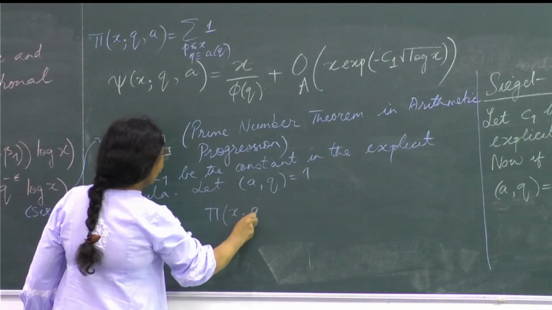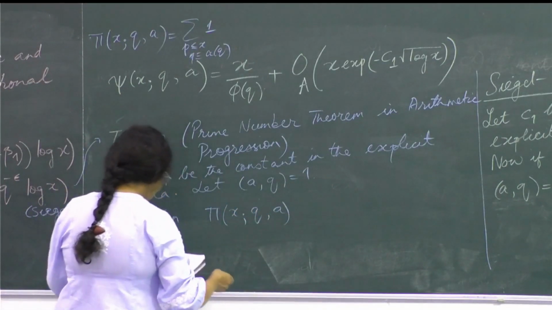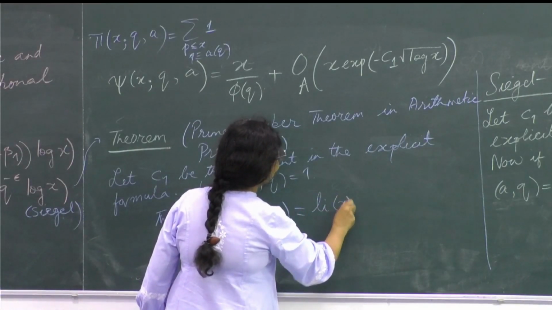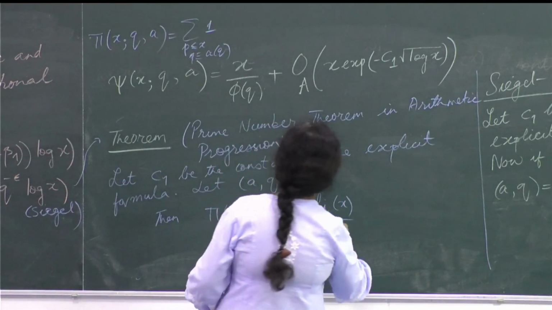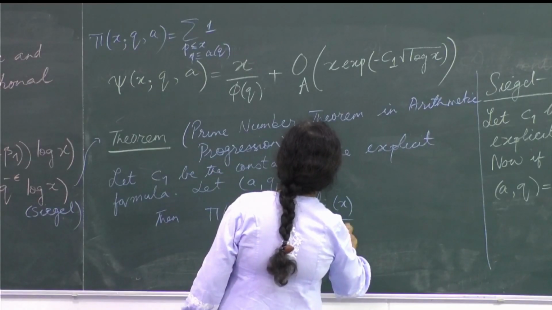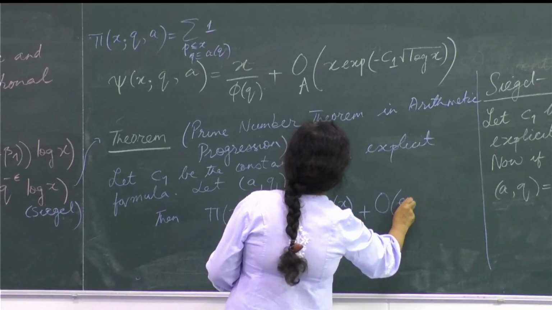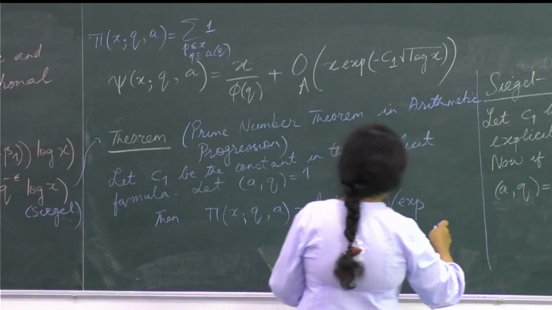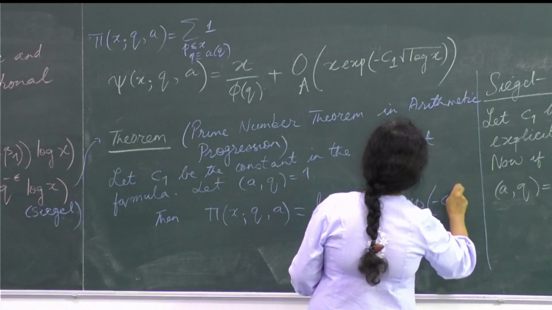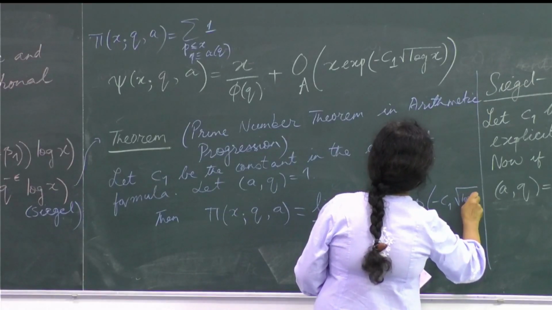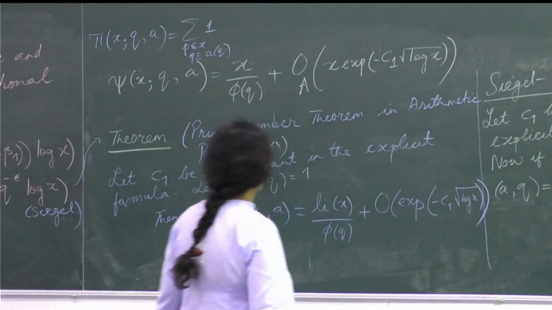Then pi of x, q, a is equal to the logarithmic integral of x divided by the normalizing phi q, plus big O of exponential minus C1 square root of log x, with the same C1.